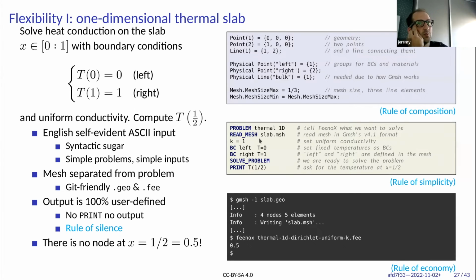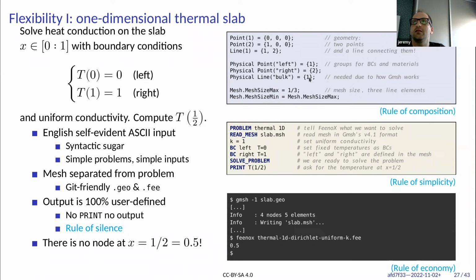So how does this work? Here we ask for a thermal problem in 1 dimension. We read the mesh, which is created with this geo file. We set a uniform conductivity. We say that the boundary condition at the left is T equal to 0. The key here is that this left is this left, this right is this right. We solve the problem and then we print T at 1/2.